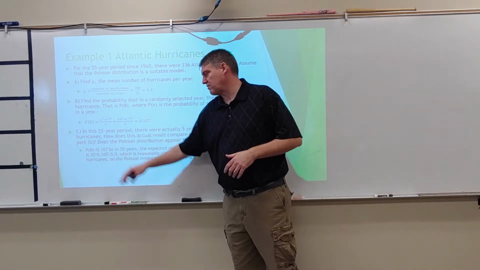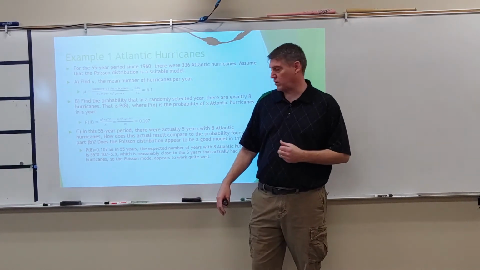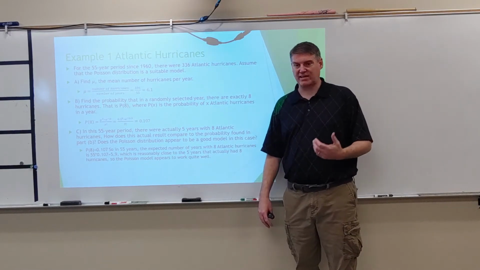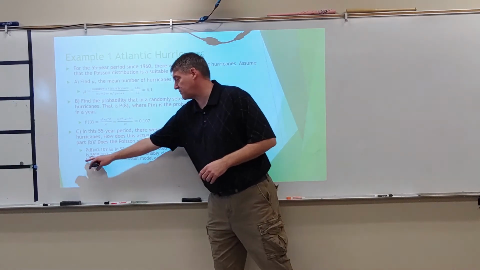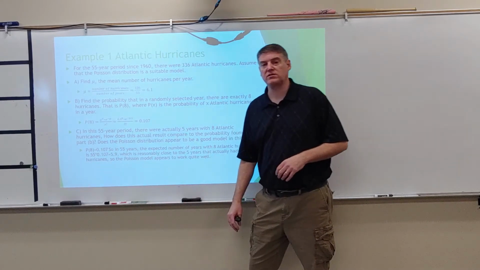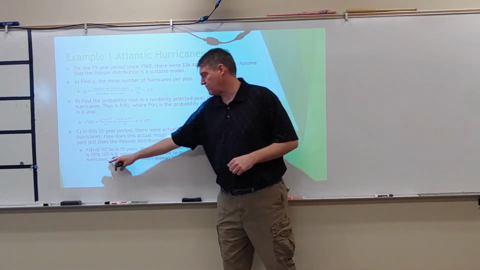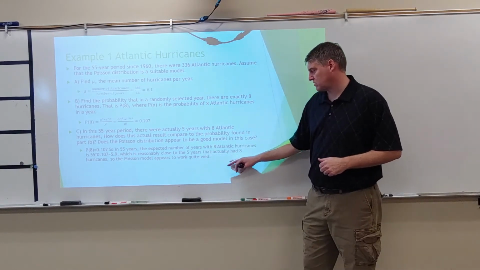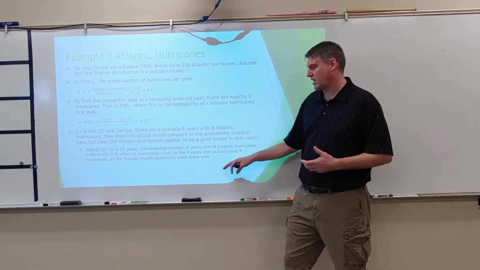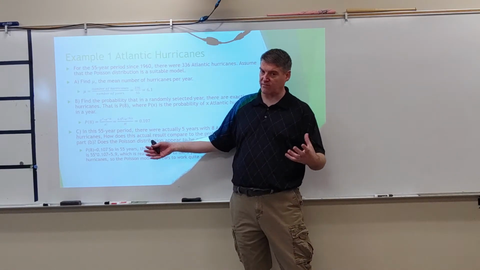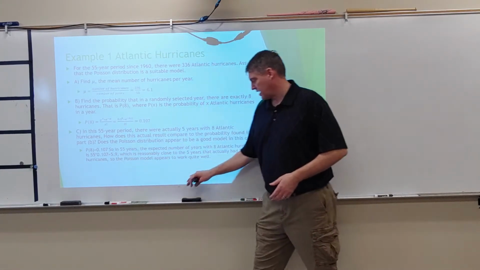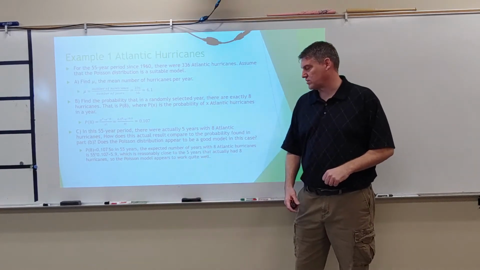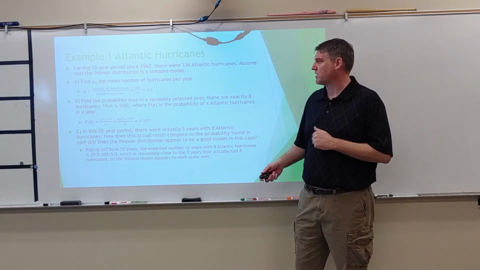With the probability of 0.107 in 55 years, the expected number of years with 8 Atlantic hurricanes would be the product: 55 times 0.107, or 5.9, which is reasonably close to the 5 years that actually had 8 hurricanes, right? We expected 5.9, it was actually 5. So the Poisson model appears to work quite well. They're very, very close.